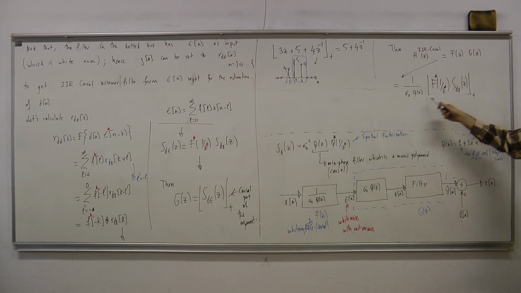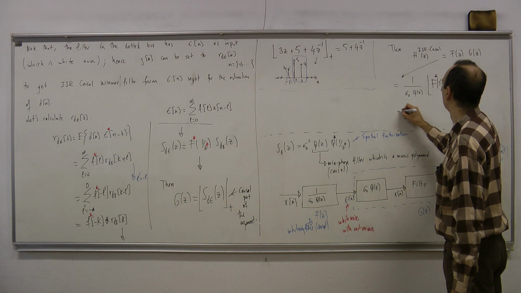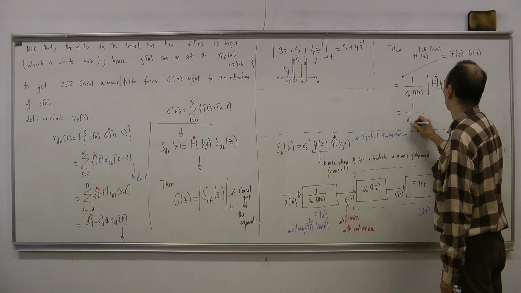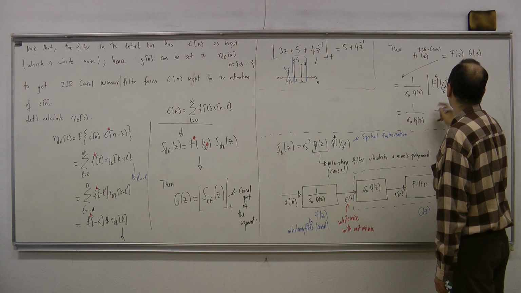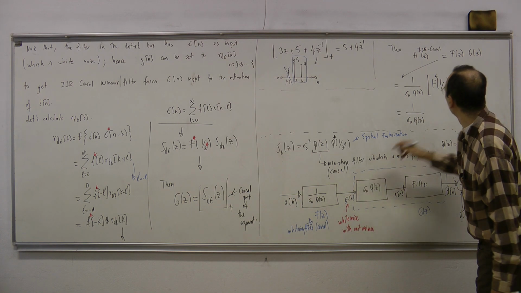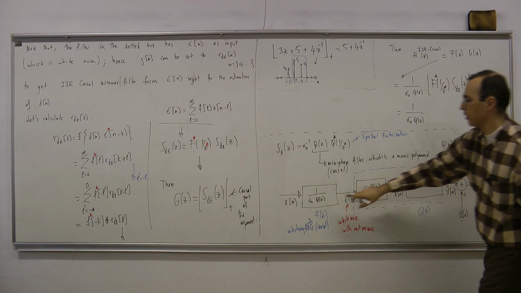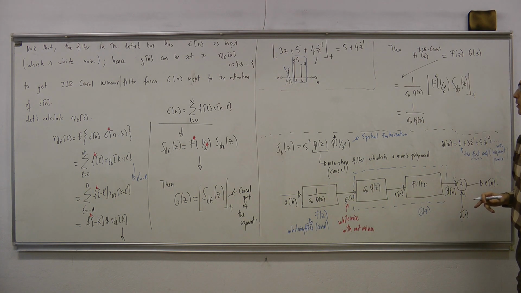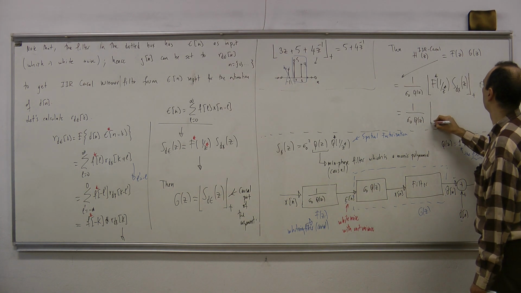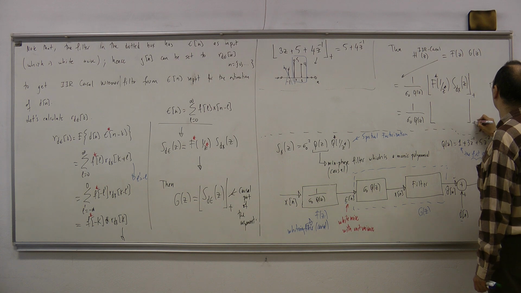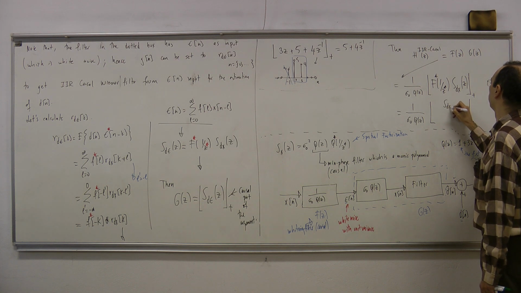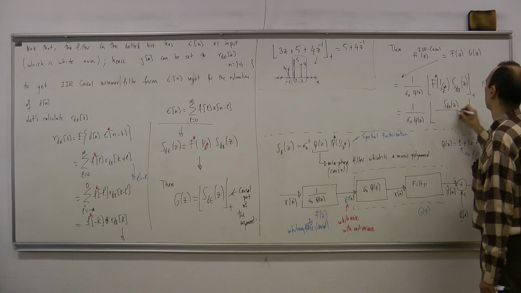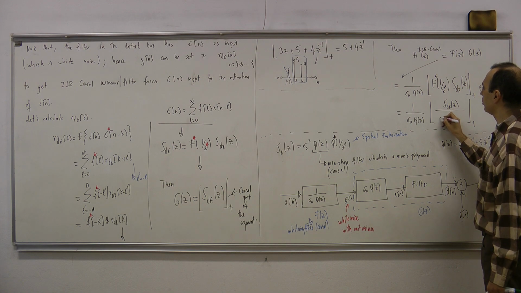Now again, let's introduce the definition of F over here. So I have F of 1 over z conjugate inserted. So there is a sigma 0 over here.